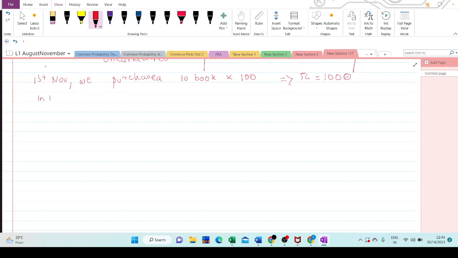And in November, we sold 5 books at 150 each. So our total revenue was 5 into 150, 750. So guys, my total revenue for November is 750. My total cost for November is 1000.